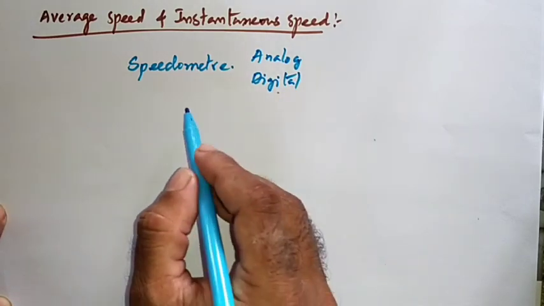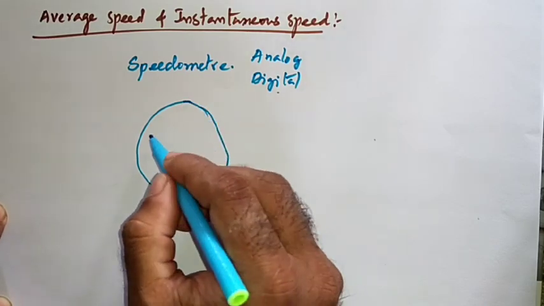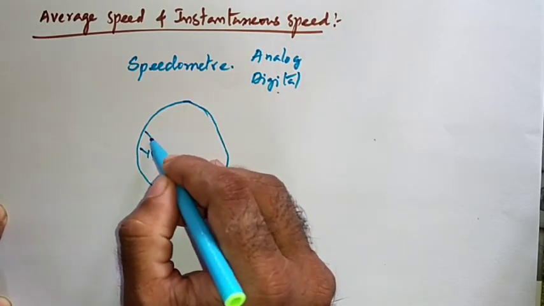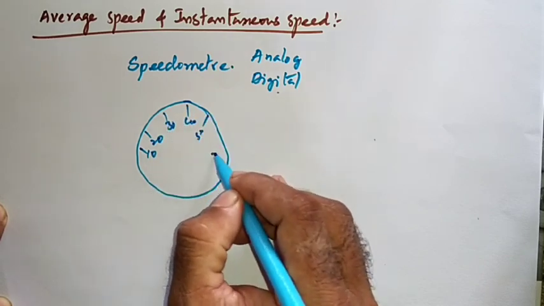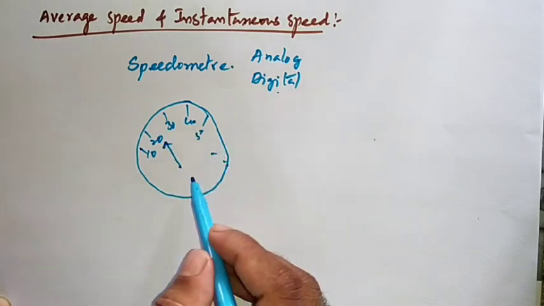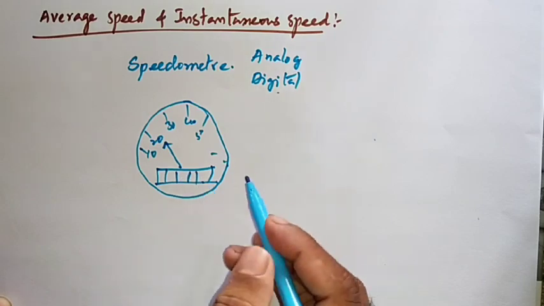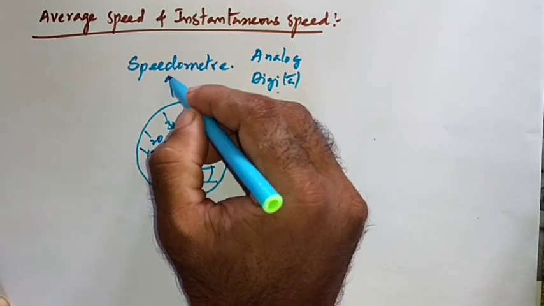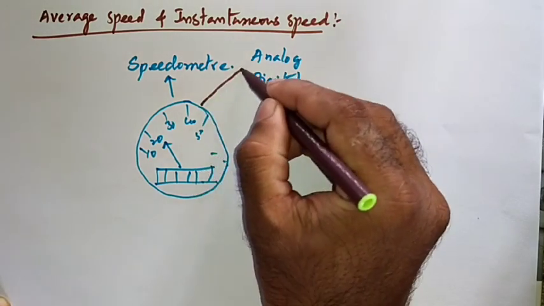For bikes it will be like a circle, with numbers 10, 20, 30, 40, 50 and so on, and a needle pointing to them. This is called an analog speedometer.